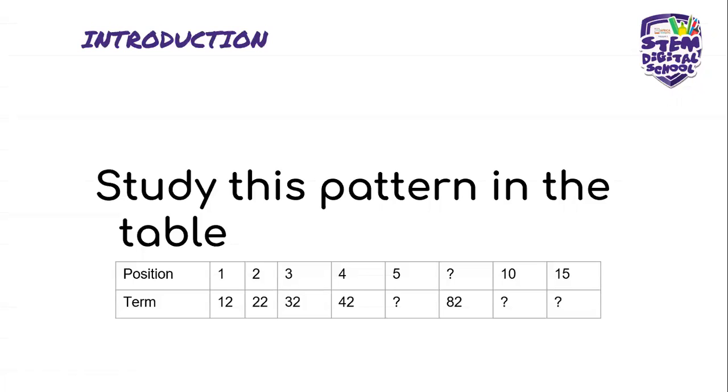In position 5, we do not have any term there. There's a question mark, and in the next position there, it's unknown, but the term is 82. And the next position is 10, the term is unknown, and the position 15 as well, the term is not known.